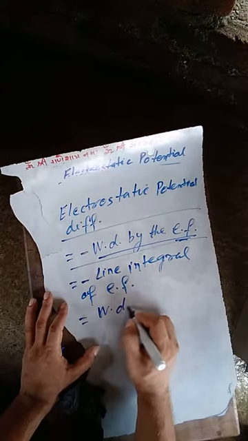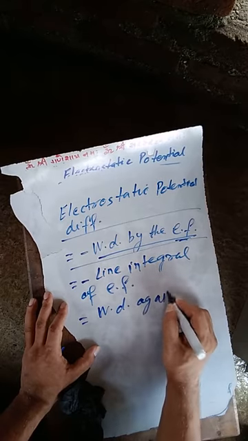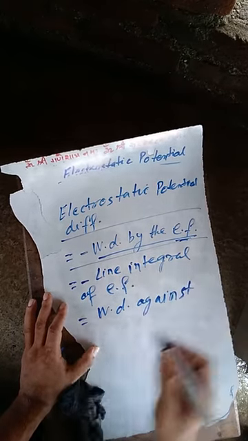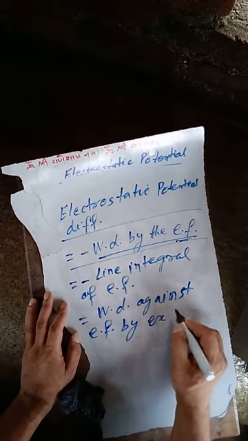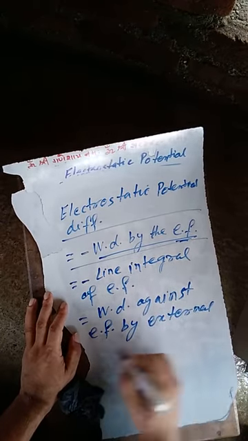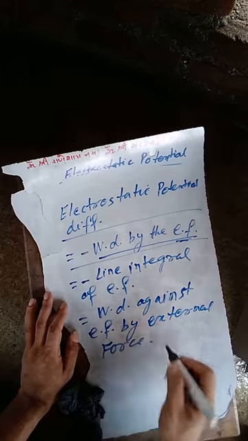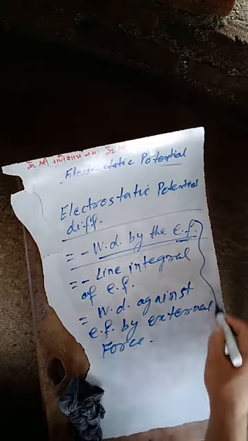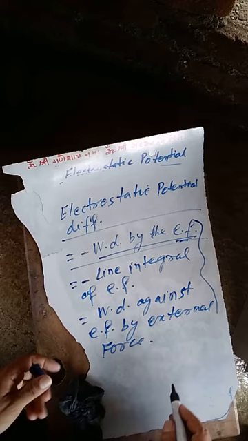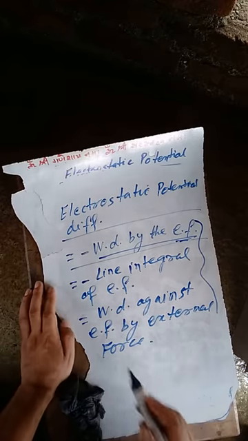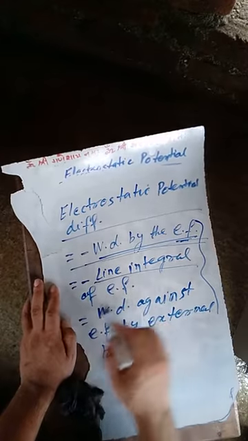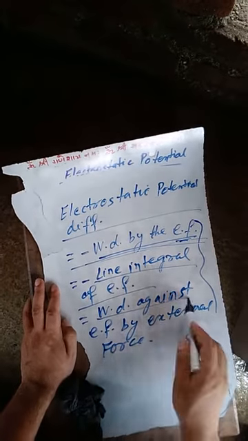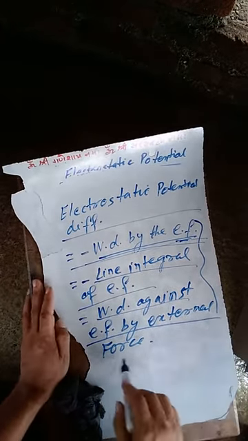work done against the electric field by external force. All these are the same thing. By either of the ways you can calculate the negative of the work done by the electric field, or the negative of the line integral of electric field, or the work done against the electric field by external force.